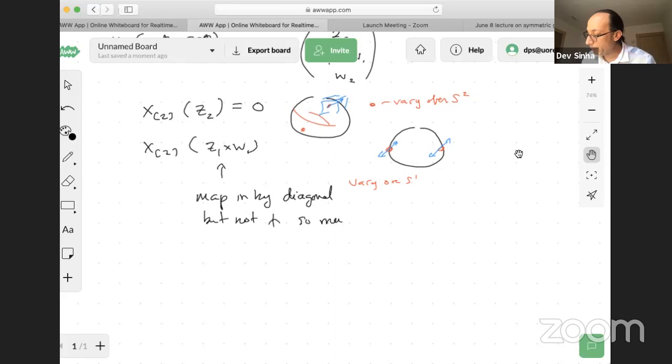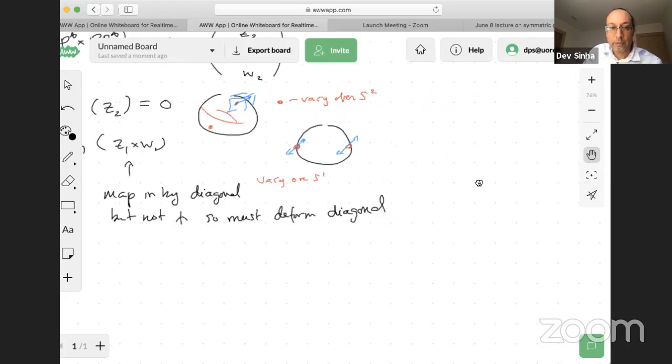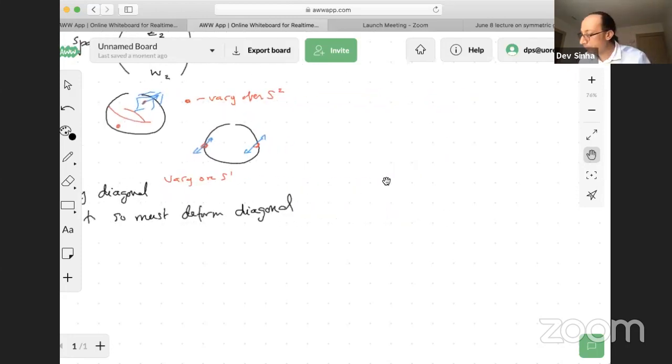So we must deform the diagonal. And how are we going to do that? In this deformed version, however I do it, let's actually make these blue lines sets of points.